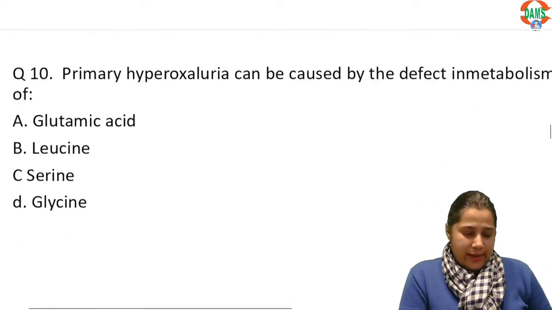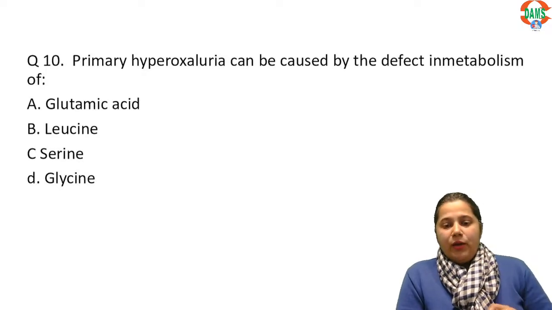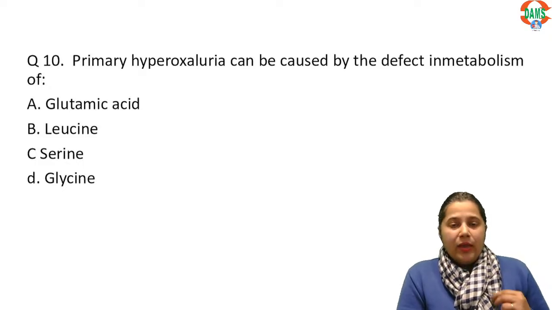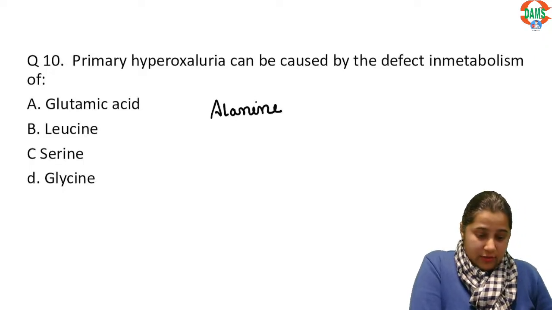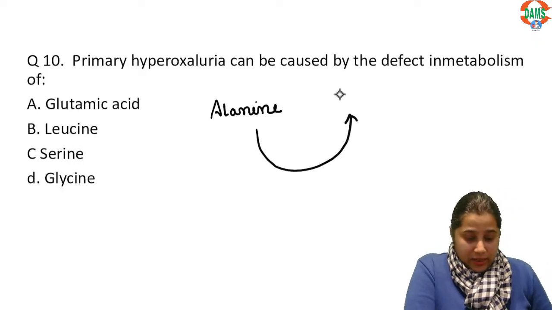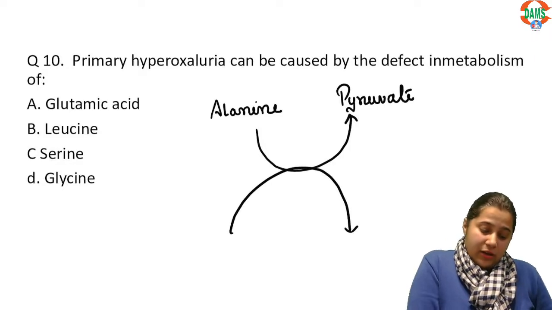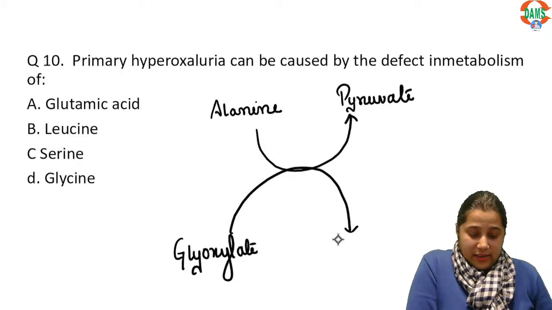Question number 10. The primary hyperoxaluria can be caused by the defect in the metabolism of. Like I told you, there is more than one transamination reaction. Similarly, when alanine is converted to pyruvate by ALT, there is another reaction which simultaneously converts glyoxylate to glycine.